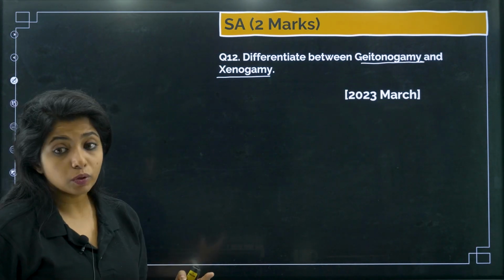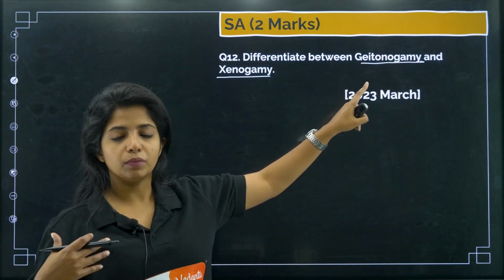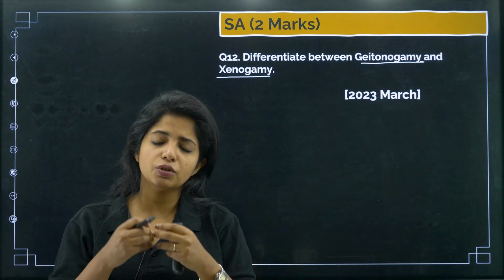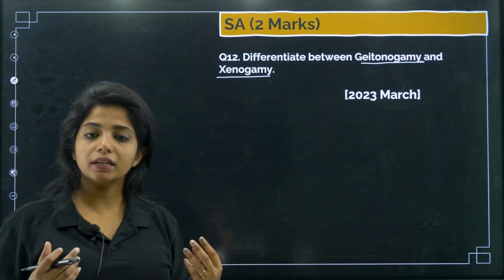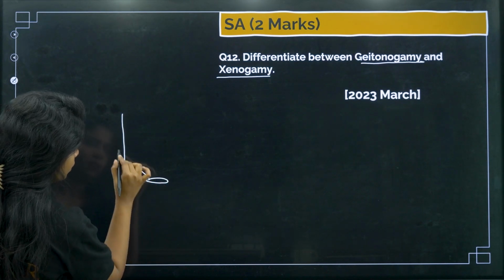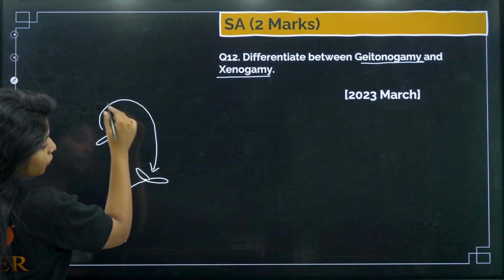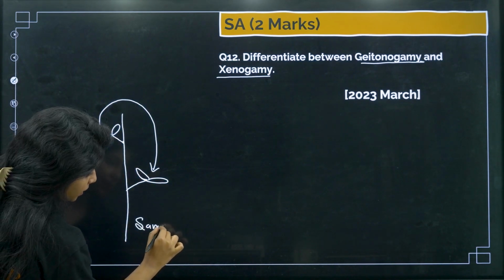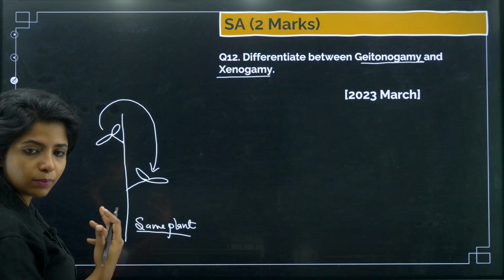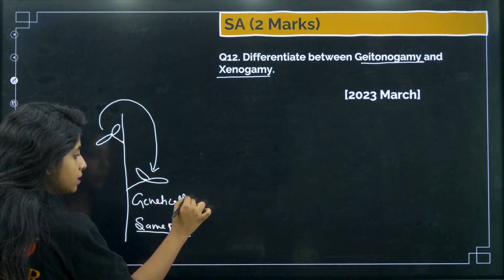Now the second difference will be the genetic difference. In geitonogamy, do you find genetically similar products being formed? Yes. After fertilization, whatever you do, the plant will be genetically similar to the parent plant only, because pollination is happening between the flowers of the same plant. So the cells will be genetically similar, and the product will also be genetically similar.